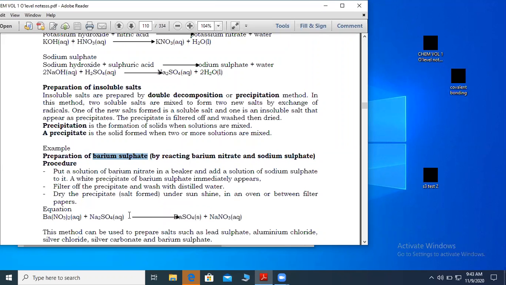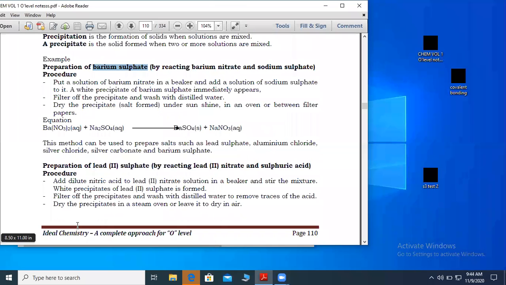So let me ask you now, what if you want to prepare lead(II) sulfate which is also insoluble? Then you should use a nitrate, that is lead(II) nitrate, and sodium sulfate. You get that? Use a nitrate and another sort of sodium.